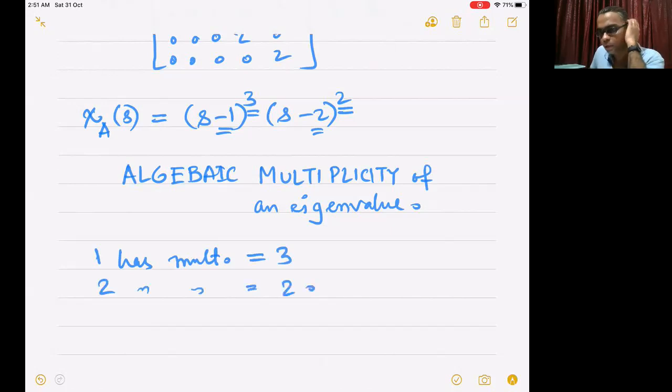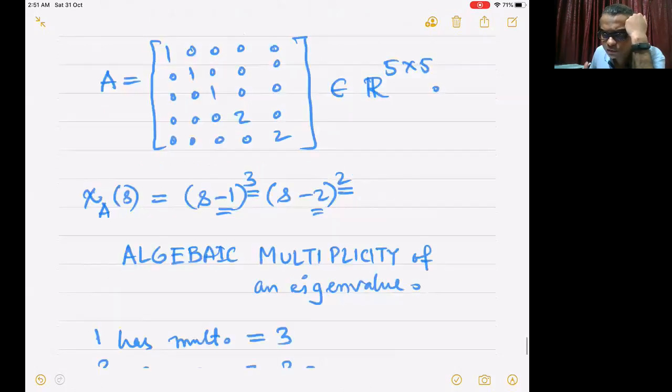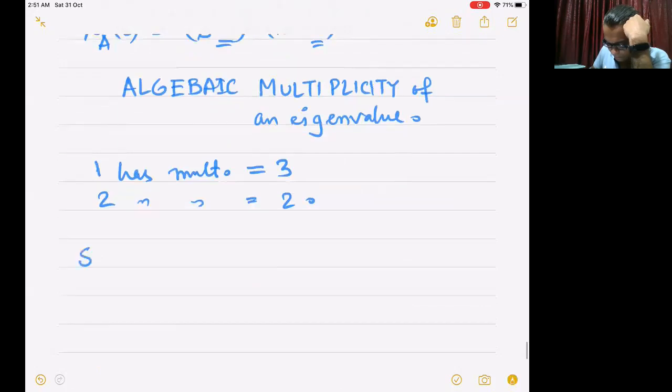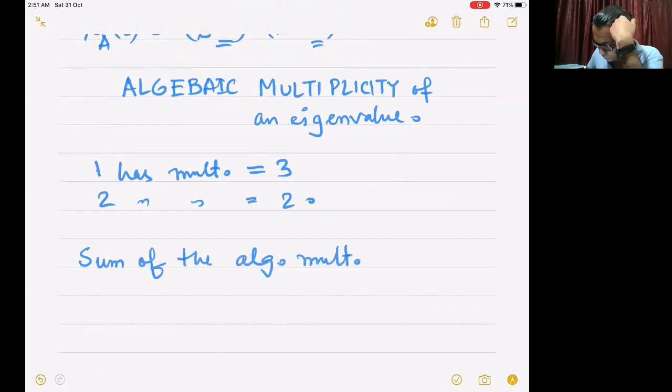These are algebraic multiplicities. Okay, and when you add these numbers up, that always equals the degree of the polynomial, which happens to be 5, which is the size of the matrix. So the sum of the algebraic multiplicities is always equal to n.